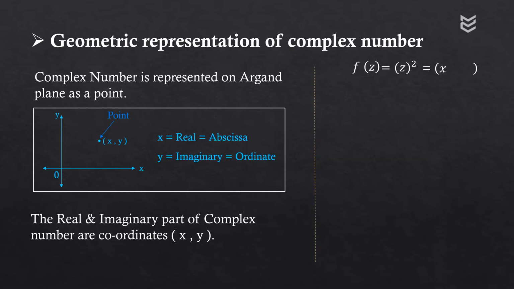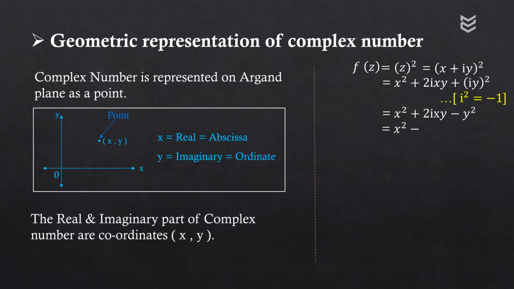Thus, we get (x plus iy) the whole squared. Then expanding using (a plus b) the whole squared, we have x squared plus 2ixy plus i squared y squared. As the value of i squared is minus 1, we get x squared plus 2ixy minus y squared. Here, x squared minus y squared is real, and 2ixy is imaginary.